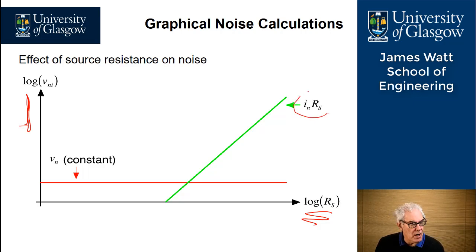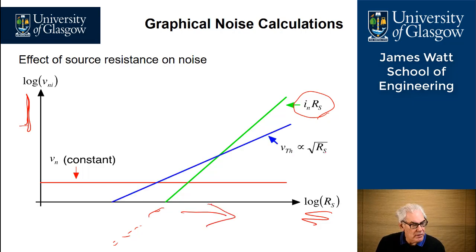we can now draw a second graph, which is the noise current multiplied by the source resistance. And that's a line that rises as In and Rs increase. So that would keep on going down here on the log scale and rise up as we increase the source resistance in this direction.